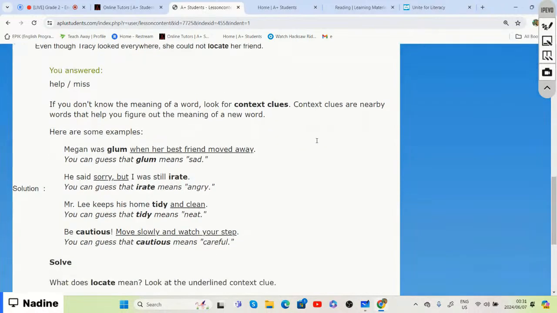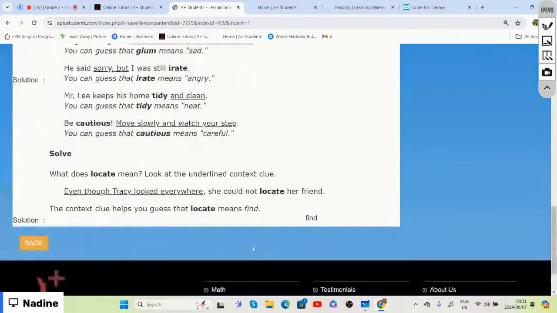The word locate, if you were to locate someone, it means to find her friend. So locate means we need to find her friend. Yes, so find is correct.